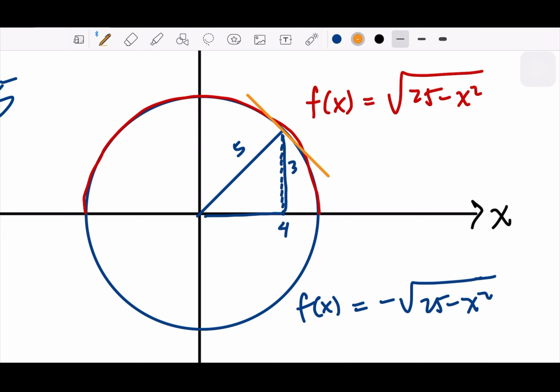And then the tangent, we are going to move around to the left, maybe here. It's still the same 5, right? The same radius. And you have the tangent here.